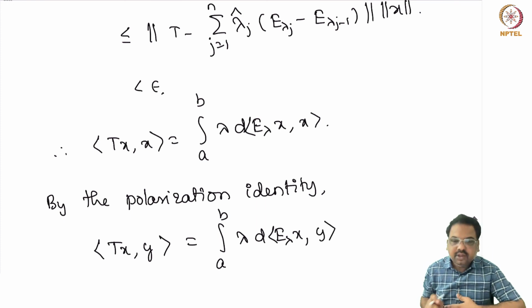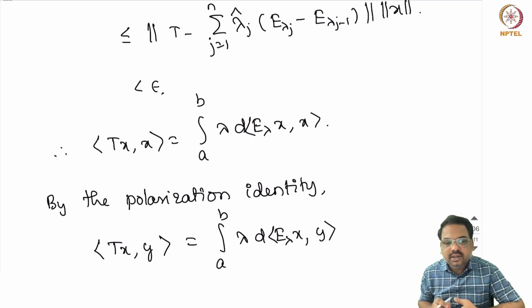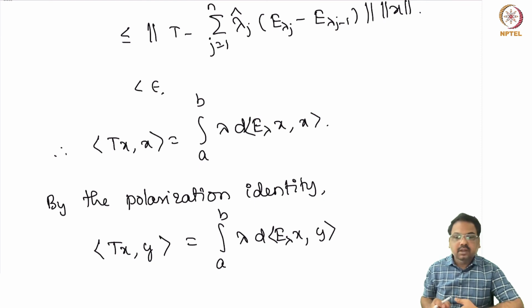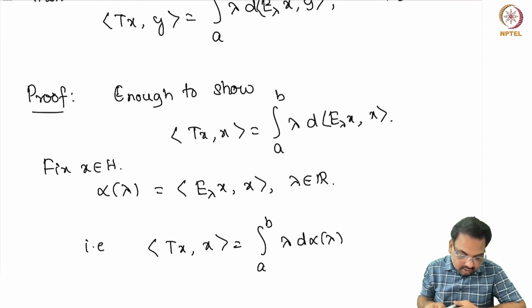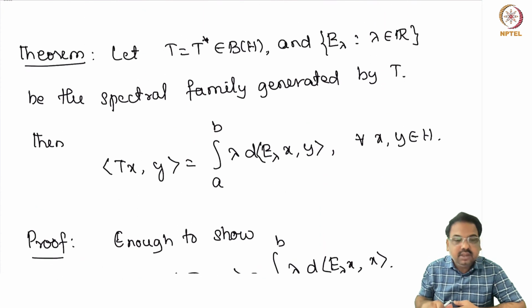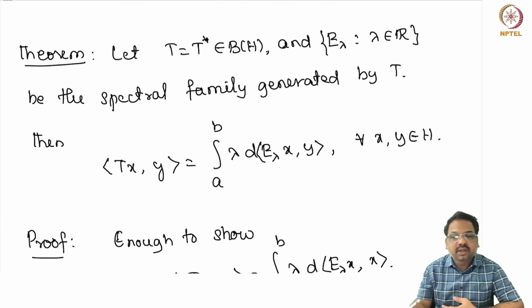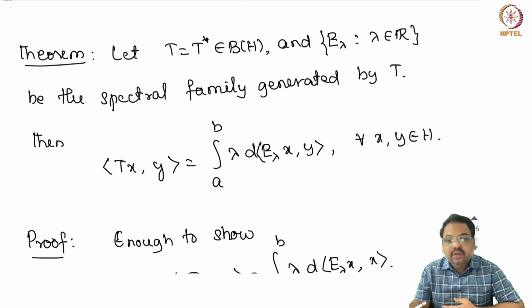Now here lambda going to the inner product of E lambda x with y is not a real valued function, it is a complex valued function. Okay, so this is the proof of the representation of T. This representation of T is known as a weak representation of T.